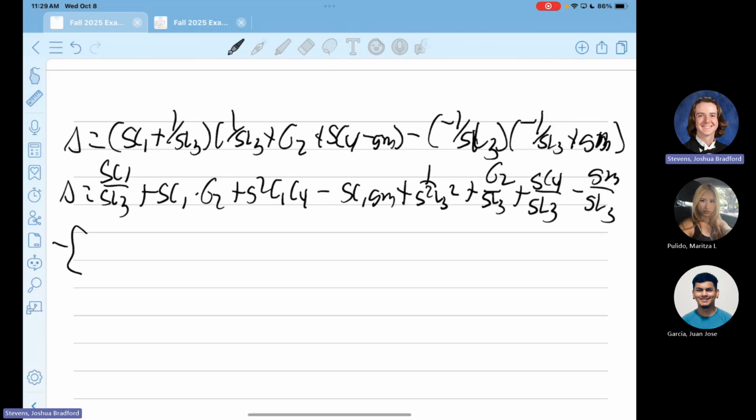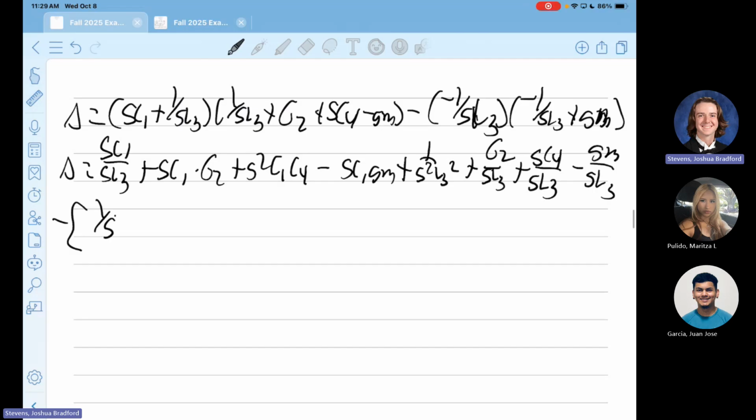negative 1 over SL3 times negative 1 over SL3 just equals 1 over S squared L3 squared. And that becomes minus GM over SL3. Okay. Can we cancel out any like terms?